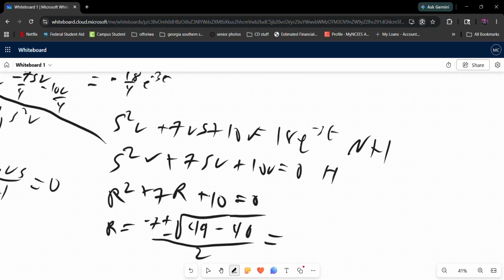So negative 7 plus 3 becomes negative 4. Negative 4 over 2 is negative 2. So we have negative 2. And then the other one, with the minus 3, becomes a negative 10. And then negative 10 over 2 becomes a negative 5.